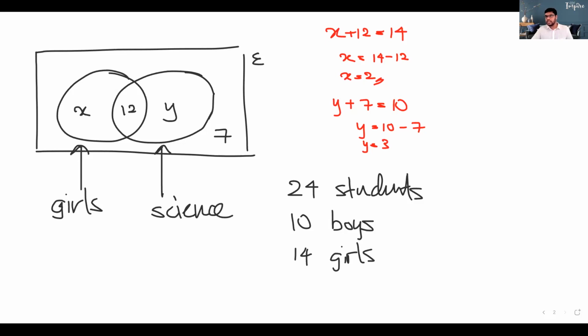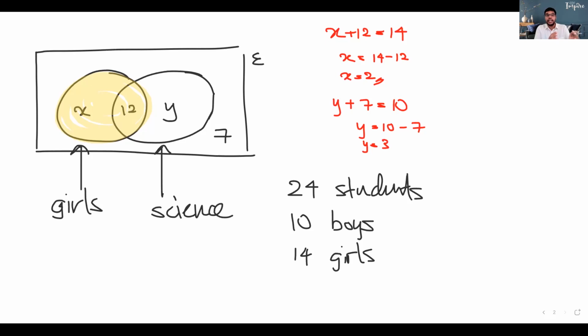That's clear. So now, children, if 14 are girls, all the girls have to be inside the circle for girls, isn't it? This first circle is girls, the second circle is science. So all of the girls have to fit into the circle in the Venn diagram for girls.